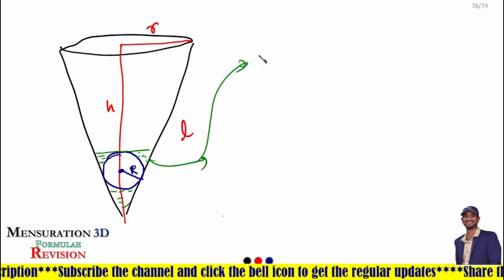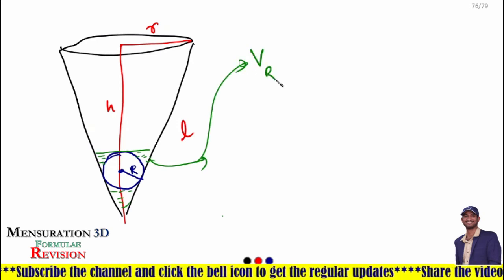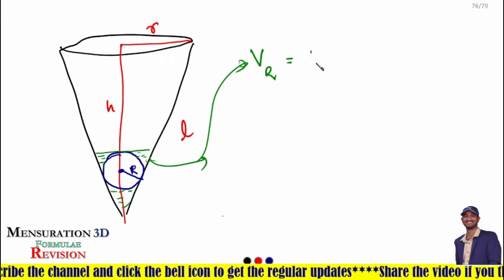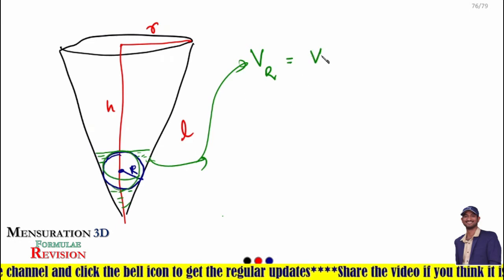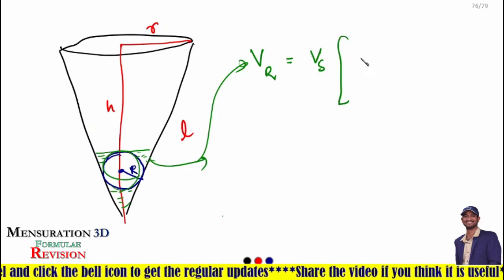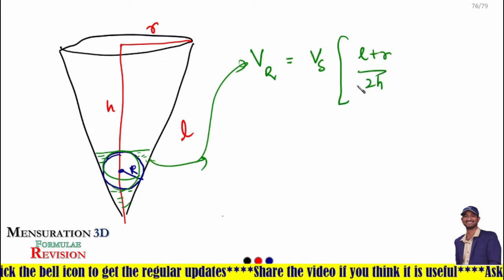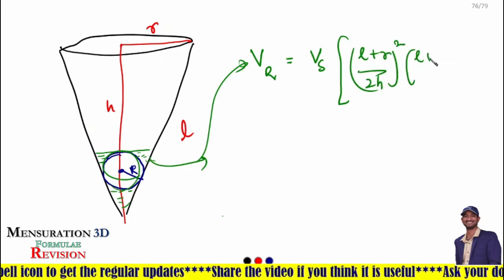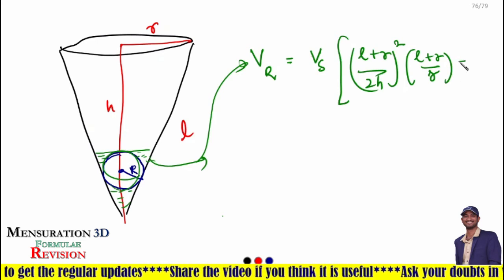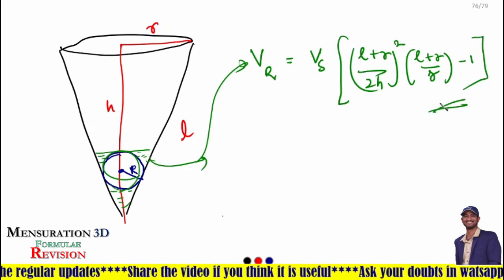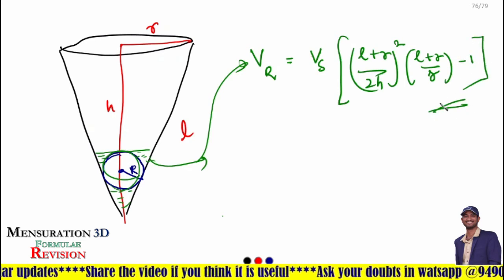I told you the direct formula: the volume of the required water is equal to the volume of this spherical ball into (L plus R by 2H) whole square into (L plus R by r minus 1). Direct formula, please remember it, you may get a question like this.